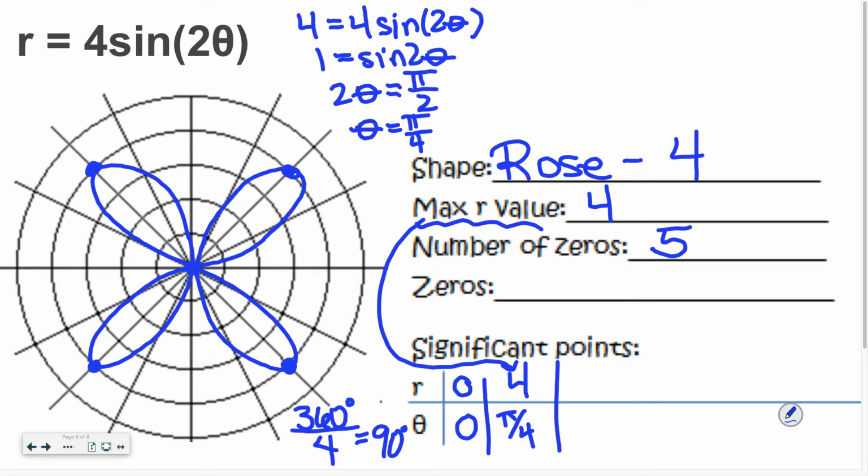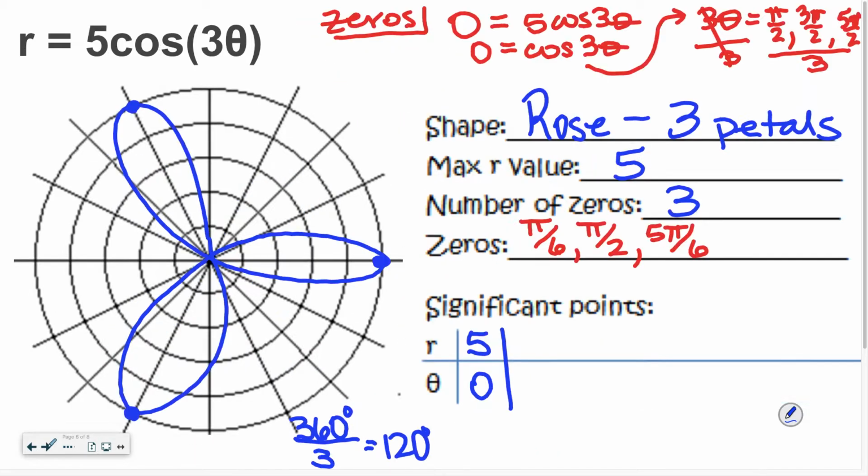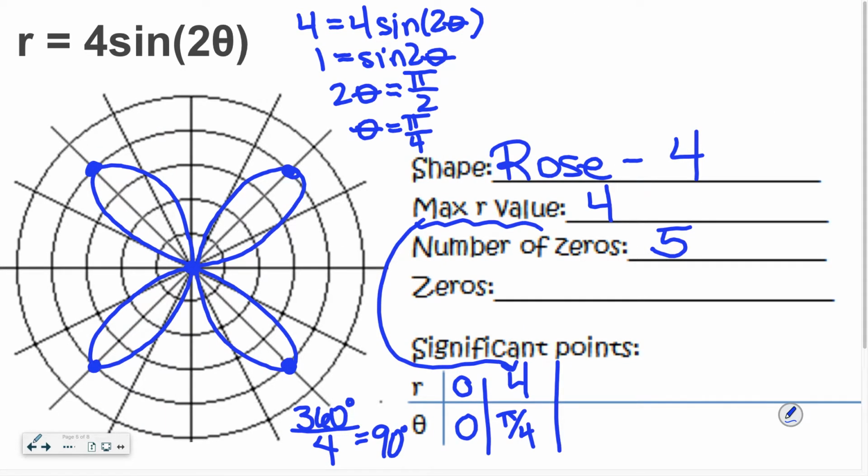We started at the pole, and then we hit the pole after every petal. So we started at the pole, and then there's the number of petals that we drew. So there's 1 extra. Whereas over here, we had the same number of zeros as petals because we started on the axis. When we start at the pole, we're going to have an extra.